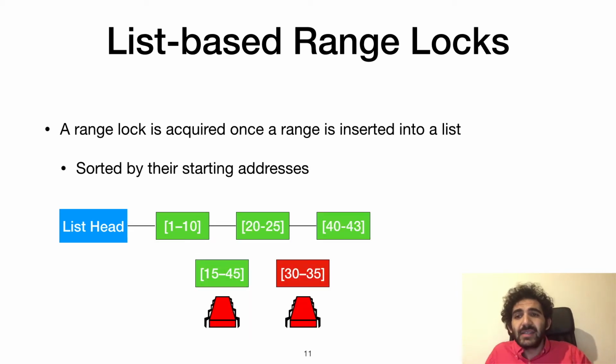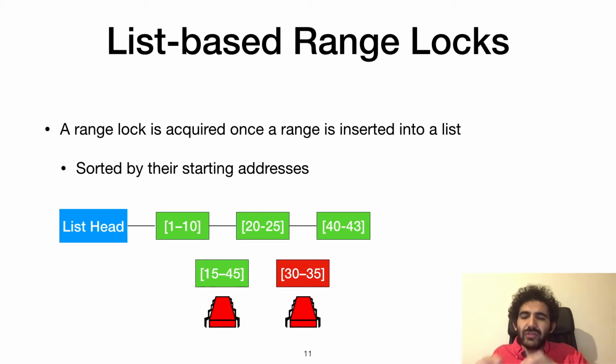To extend this design to support read and write semantics, the compare-and-swap operation is not enough anymore. Consider this example that I'm showing here. We have this list with the currently held range locks, where green refers to shared or read-only ranges, while red is of course update ranges.